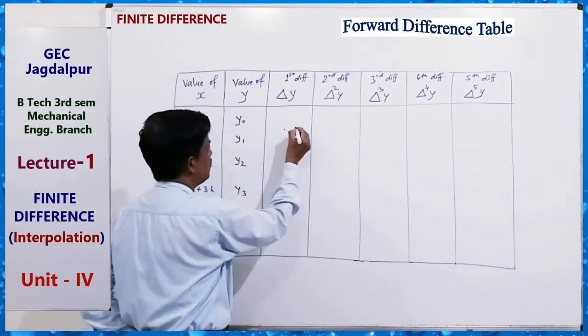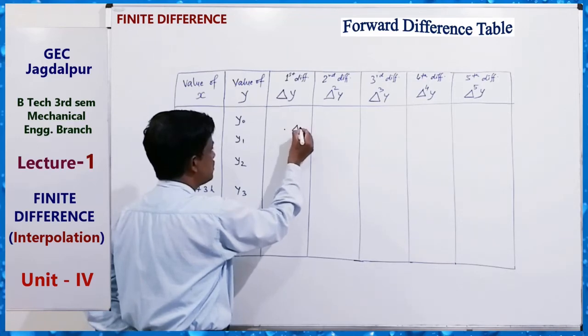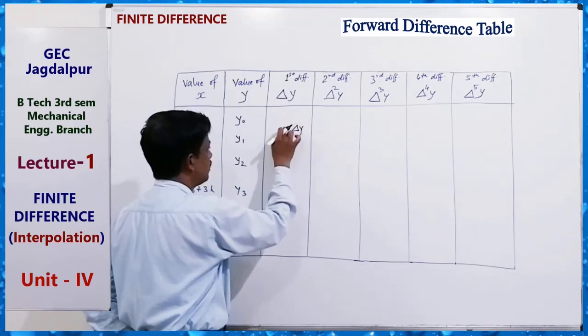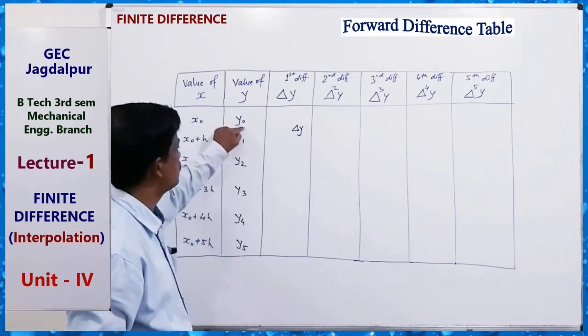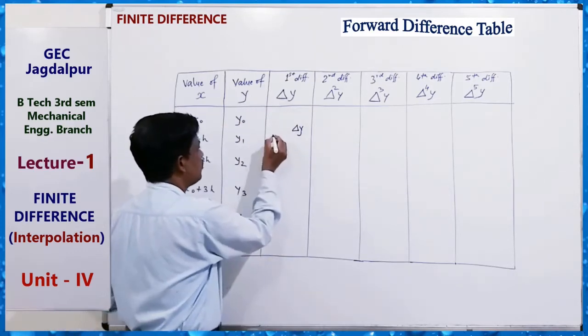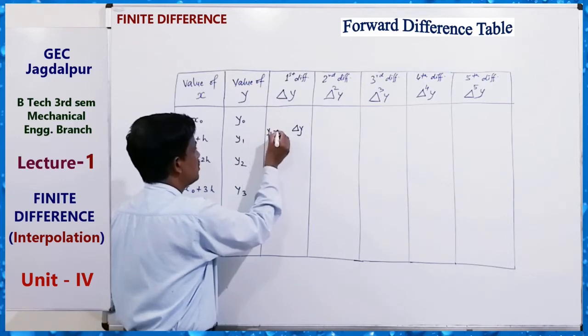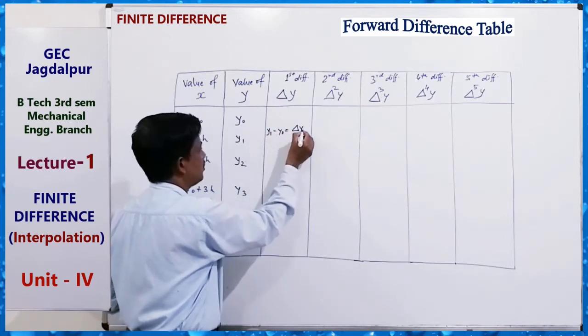What will be this difference? The first difference of y. If we subtract y1 minus y0, the forward difference, that means y1 minus y0 equals delta y0.